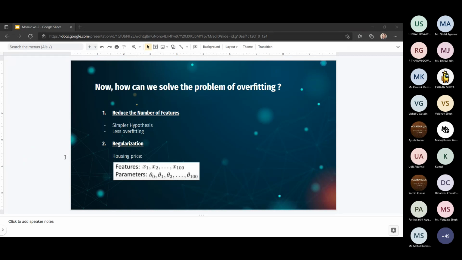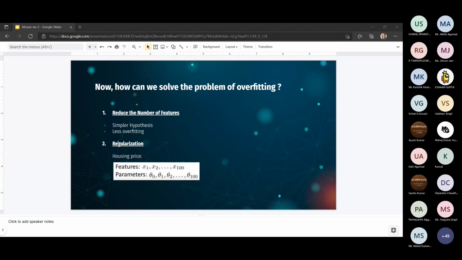Let the 100 features be x1, x2 up to x100, where x1 can be the size of the house and x2 can be the number of floors in that house. Associated with all these features, let's consider there are theta 0, theta 1 to theta 100, 101 parameters, associated with each feature.